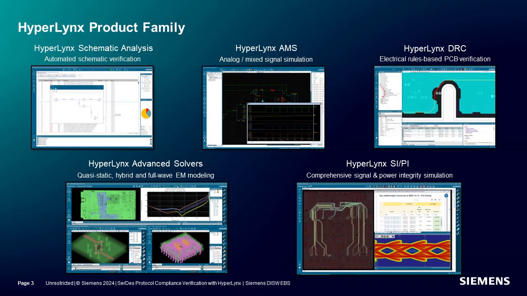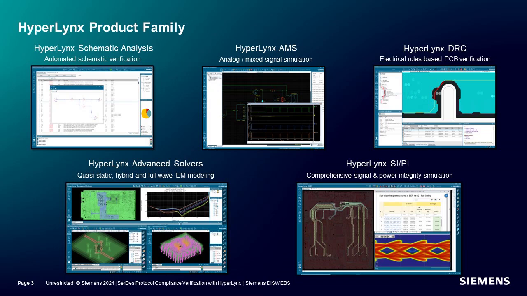Hyperlinks SI and PI share a common user interface. Hyperlinks SI performs signal integrity analysis of DDR interfaces, SerDes-based serial channels, and general-purpose high-speed design. Hyperlinks PI performs DC and AC analysis of PCB power delivery networks, or PDNs.